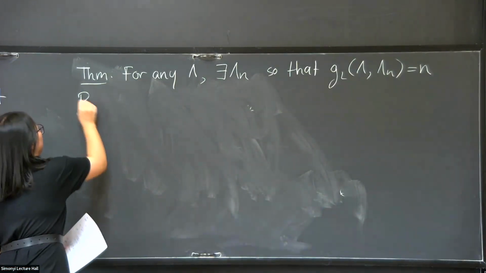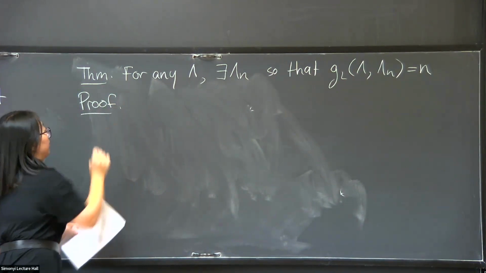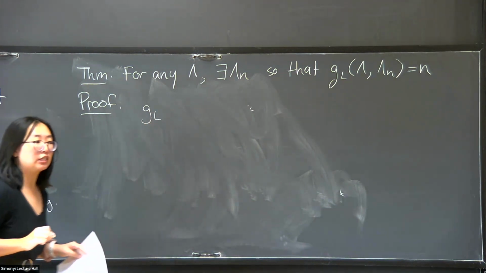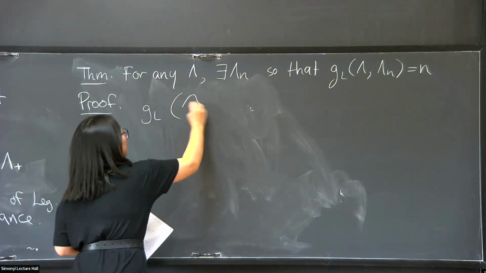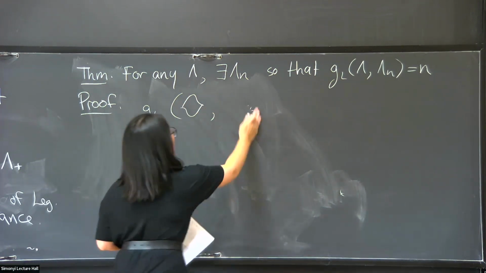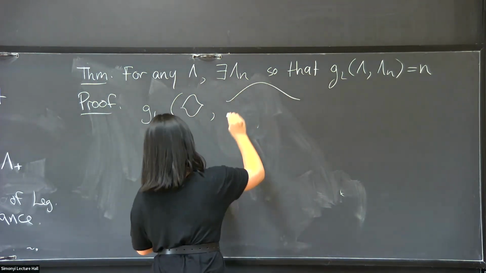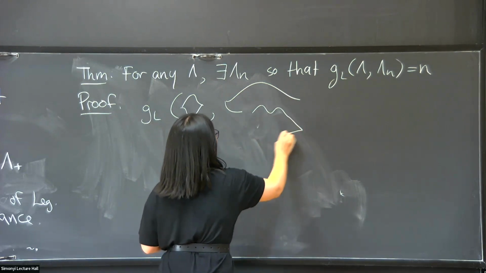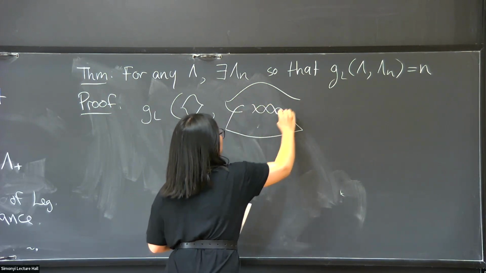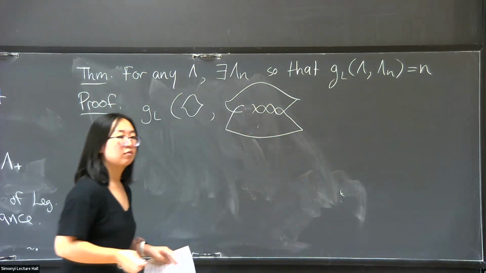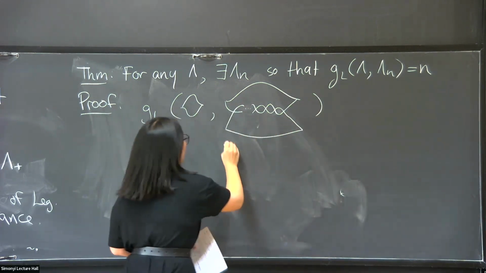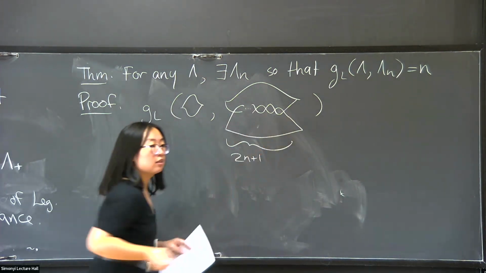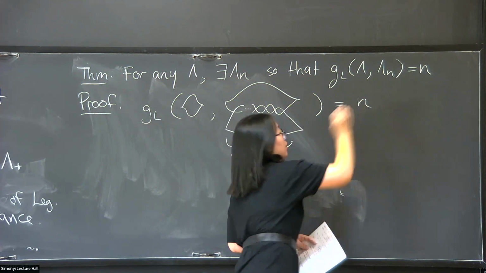The proof of this is really simple. It's the following. So I know the genus of the cobordism between the unknot and the following knot, where I have 2n plus 1 crossings here, but this has genus n.